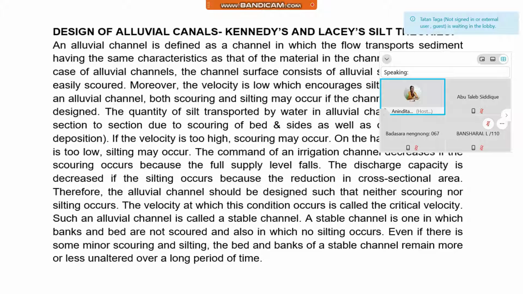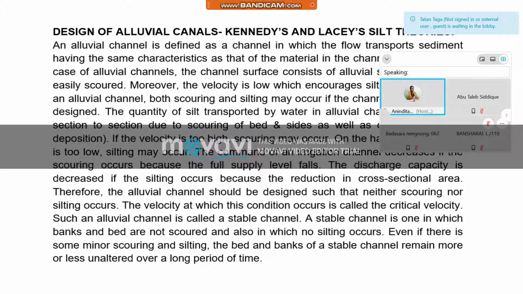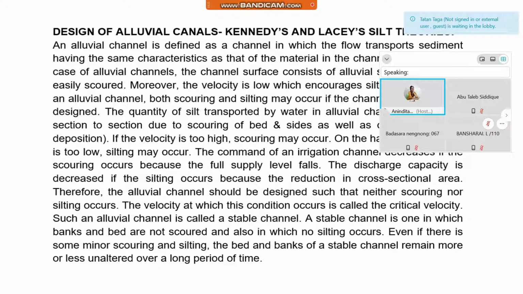If the velocity is too high, scouring may occur. On the other hand, if the velocity is too low, silting may occur. The command area of an irrigation channel decreases if scouring occurs because the full supply level falls. The discharge capacity decreases if silting occurs because of the reduction in cross-sectional area. Therefore, the alluvial channel should be designed such that neither scouring nor silting occurs.